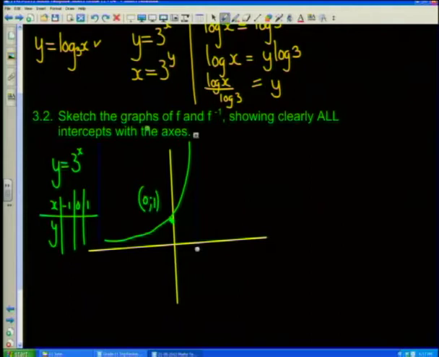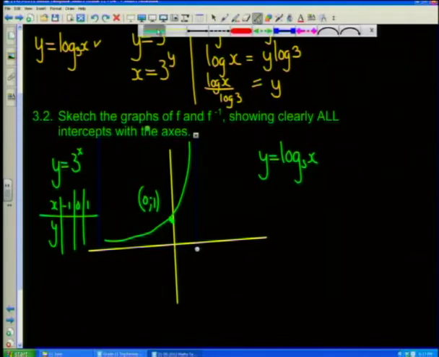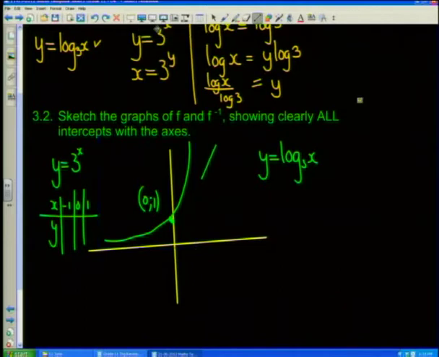Again, I'm not going to spend too much time laboring it because I think that you guys do know this. Our inverse is log to the base 3 of x. Now remember, the inverse is just going to be the reflection in the line y equals x.